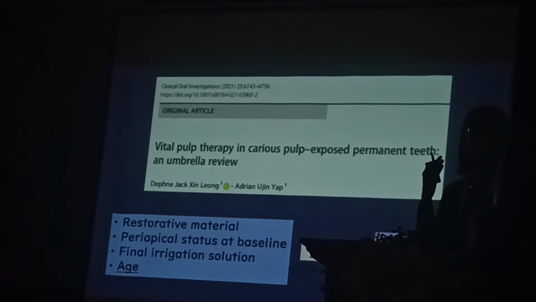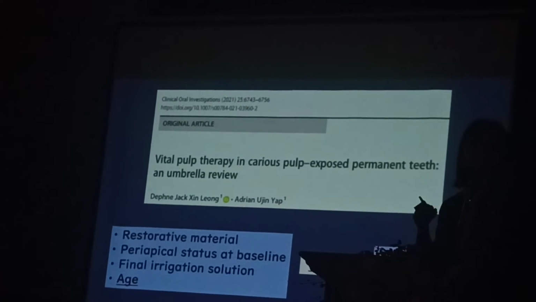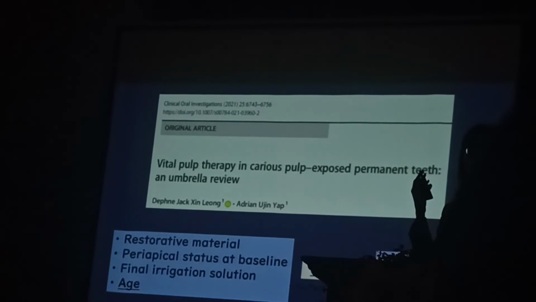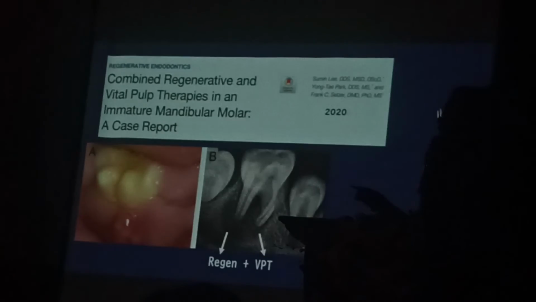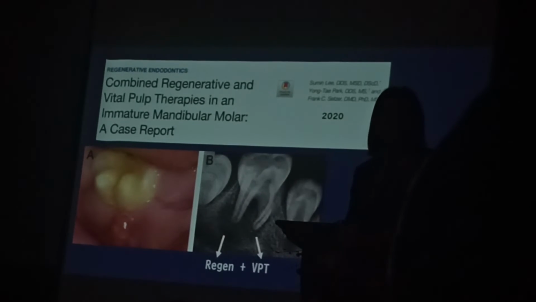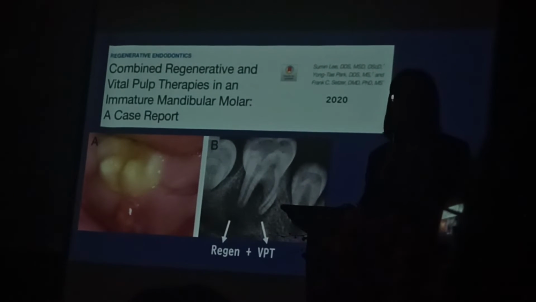So basically, if you correctly evaluate the pulp tissue, you give the pulp a good environment with bioactive materials, that will help a lot with the success. And there are a lot more challenging cases published recently.